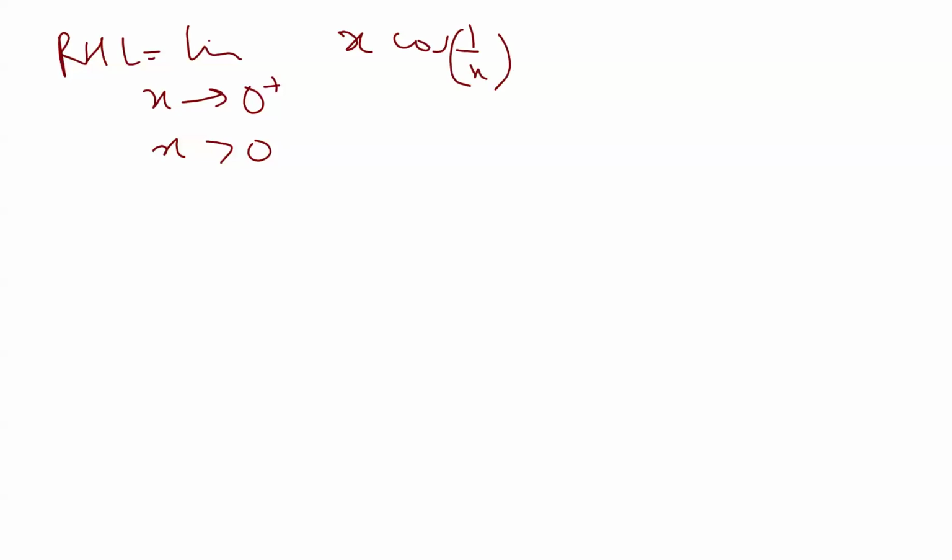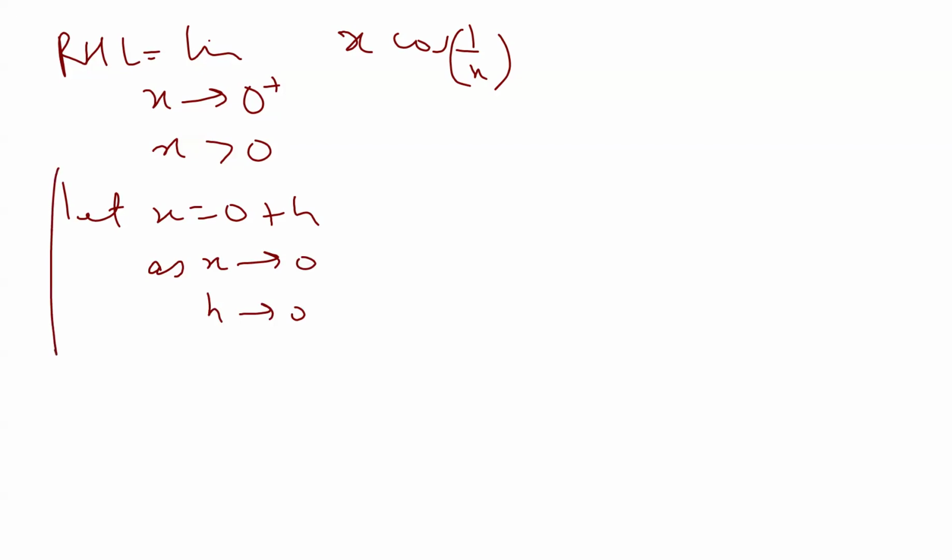Similarly, we have to start with RHL. So RHL, x approaching 0 plus, x is greater than 0. The function remains the same: cos of x into 1 by x. Let x is equal to 0 plus h. As x approaches 0, h will also approach 0.